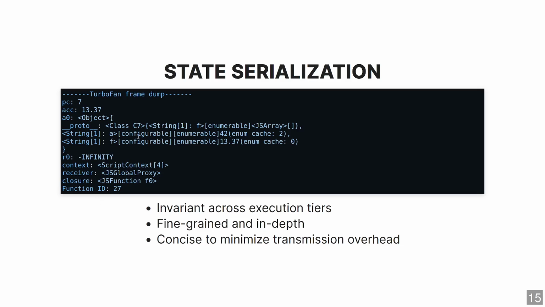This one is just for readability, but it contains all this information, as you can see here. We notice even small discrepancies, small details of the VM state, like -0, infinity, and properties of an object, and all that.